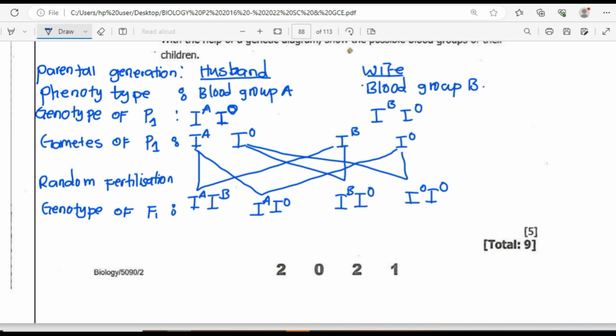Then AO, heterozygous, we know AO is blood group A. BO is blood group B. Then OO is blood group O. So this is how we can answer this question. For this video, we've just looked at section A of this paper. So that's it for this video. Thanks for watching.